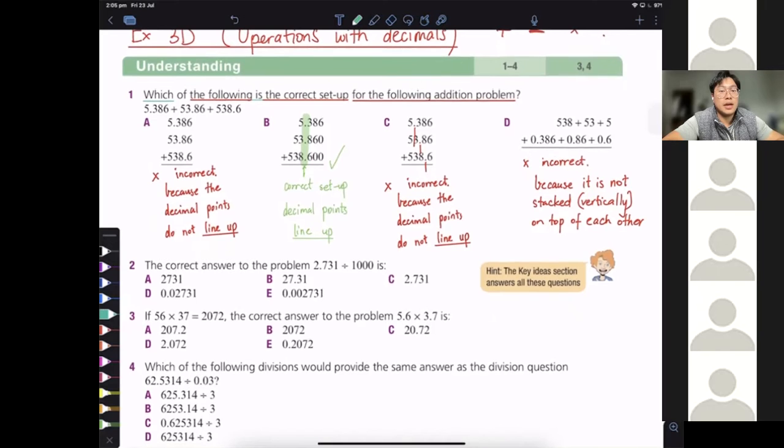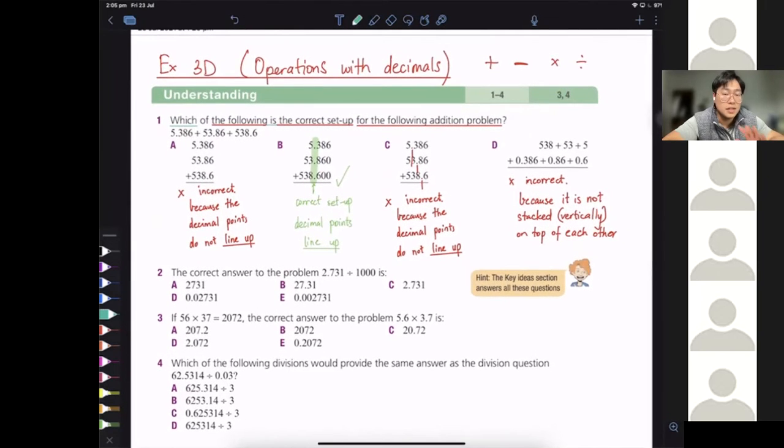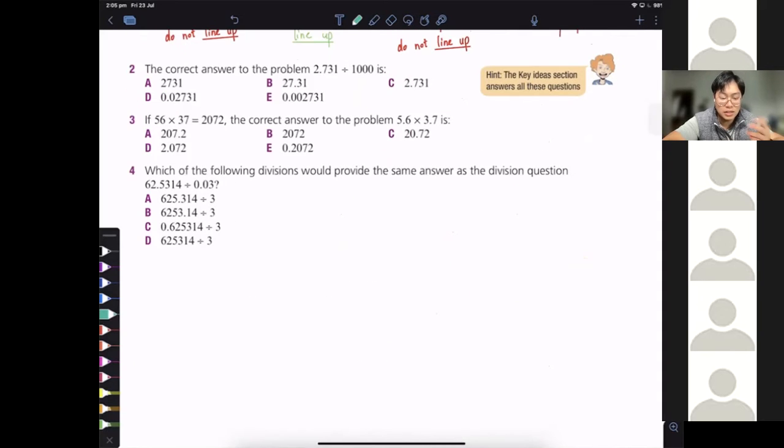Now, what I've noticed is that the people who sent through the work, fantastic, but you only copied down the notes. You didn't do any extra questions. You need to do extra questions from the textbook. You can't just expect to do these questions and literally copy down my answers and that's it.